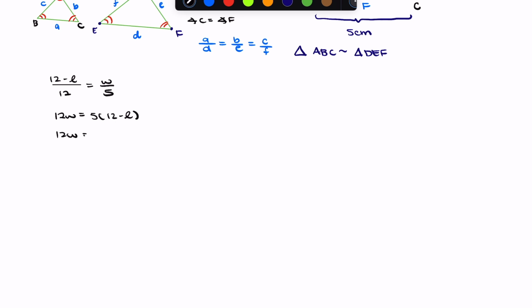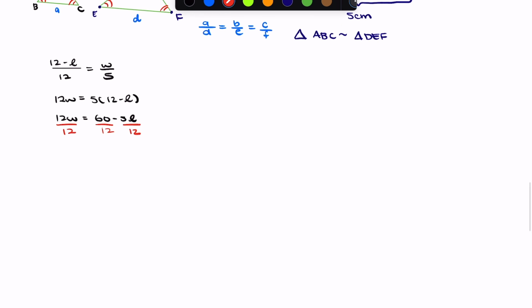So we have 12W is equal to 60 minus 5L, and now we'll divide everything by 12. So here, okay, W is equal to 5 minus 5 over 12 L.